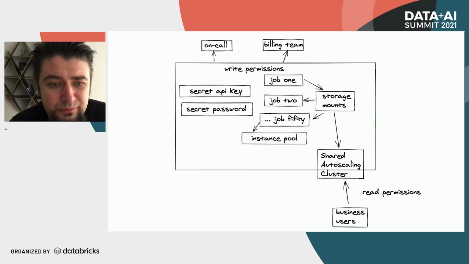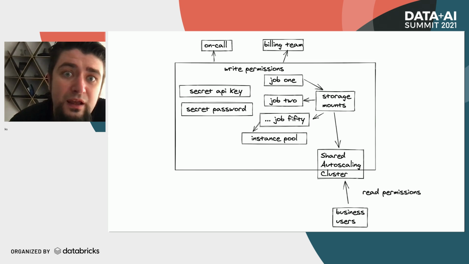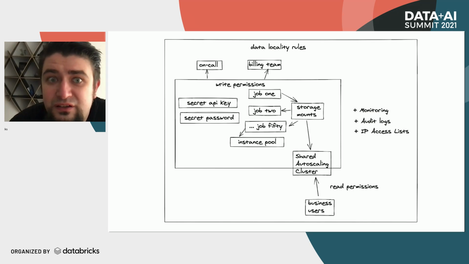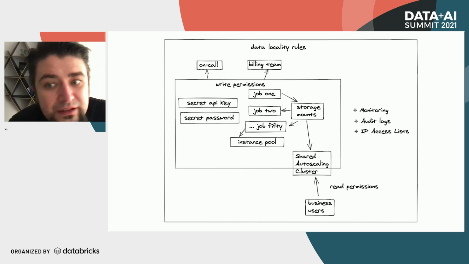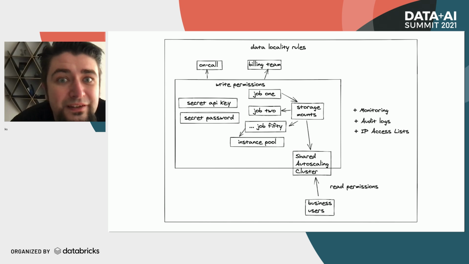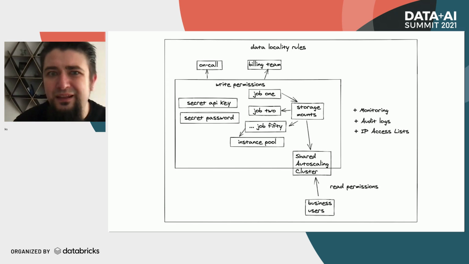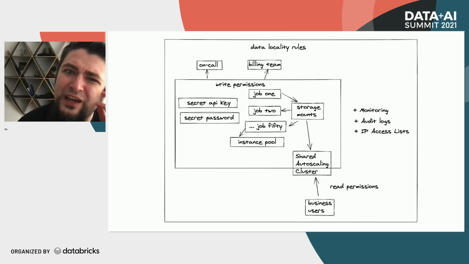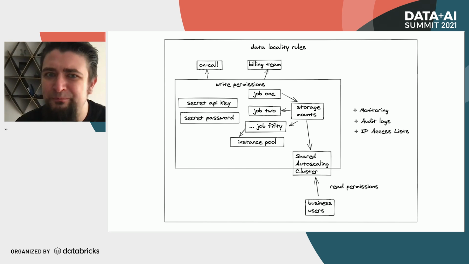And it becomes more fun when they are starting to add things like monitoring, audit logs, IP access control lists to this whole thing. Then they think, yeah, we actually should have automated this from the beginning. And they start automating it all with Terraform because they need to scale.